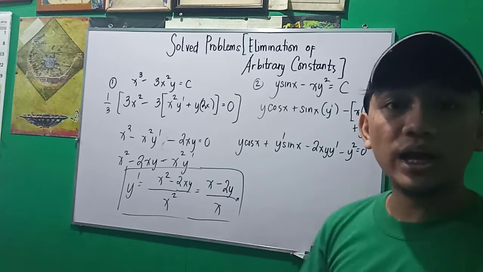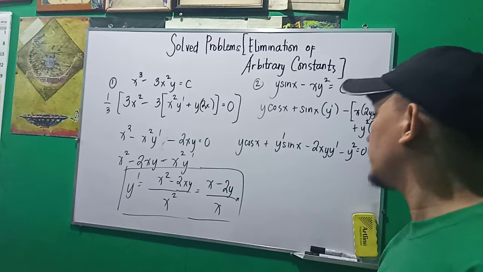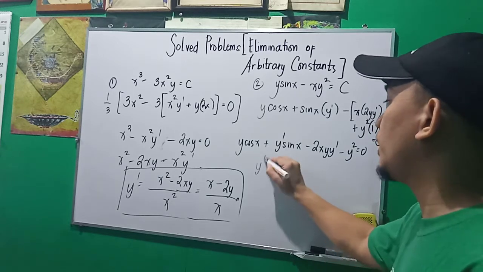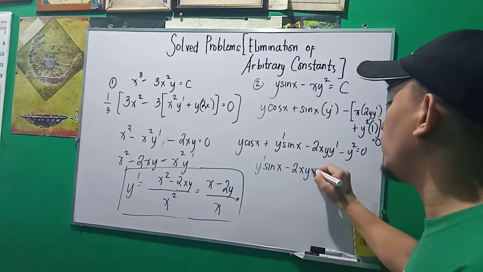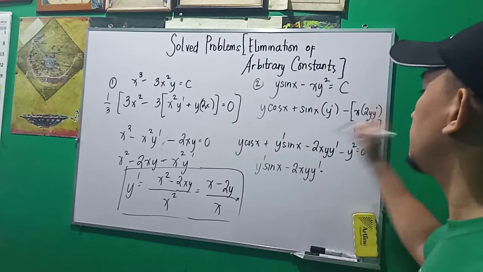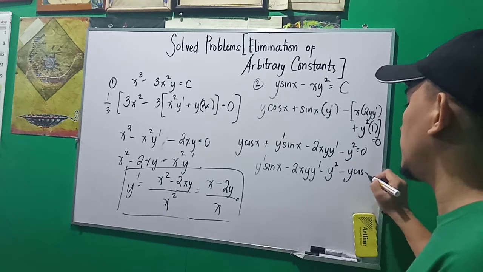So, pagsamahin natin lahat ng mga may y prime at saka lahat ng hindi y prime. So, that is y prime sin x minus 2x y prime equals, lipat sa kabila, y squared minus y cosine x.